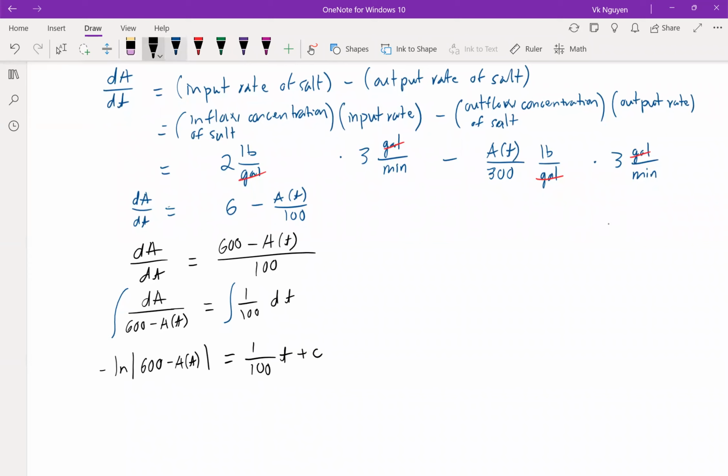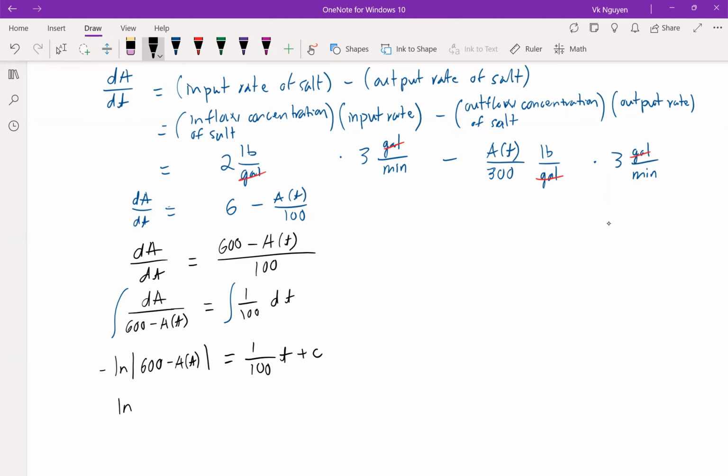So take e as the base. But before that, I'm going to move the negative sign up there. Or I can divide both sides by -1.